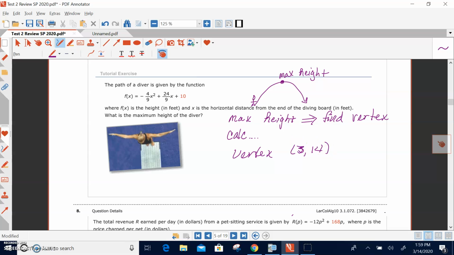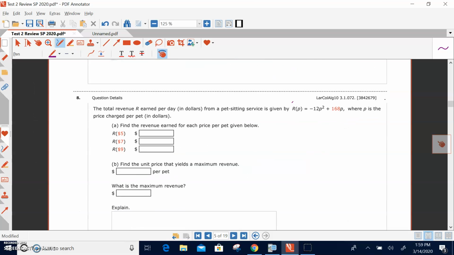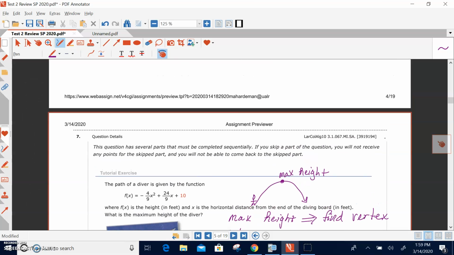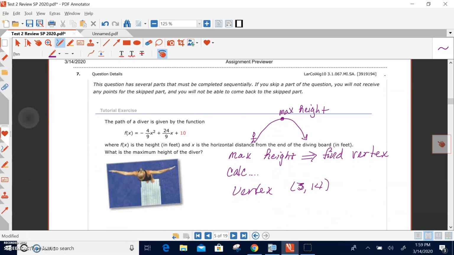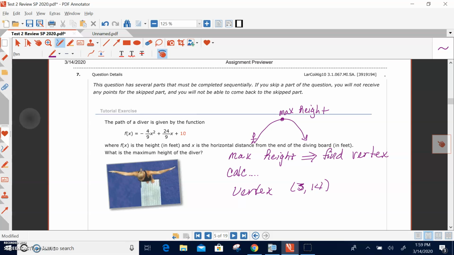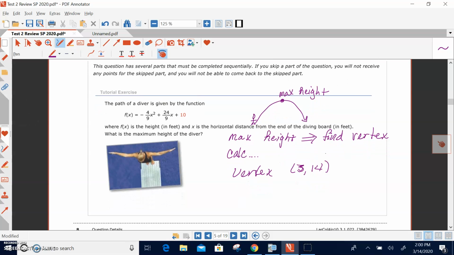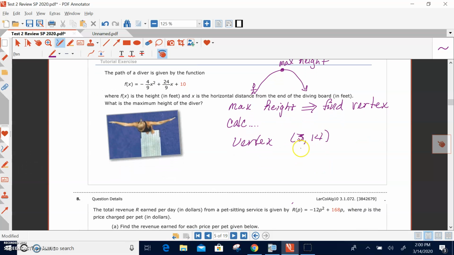Okay, where is my answer blank for this one? I don't see what the answer, oh, because this is one of those that has several parts, and when I printed it, it didn't give me all parts. Okay, so if I want the maximum height of the diver, would I give the number 3 as my answer or the number 14? Very important that you know this.